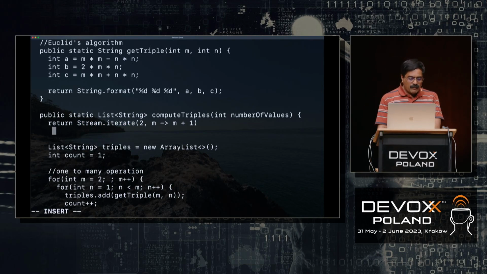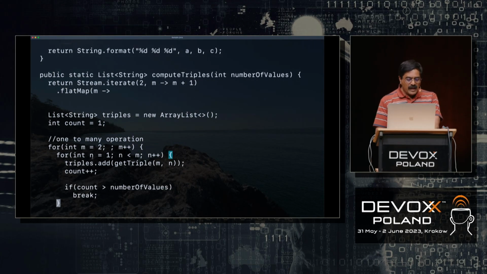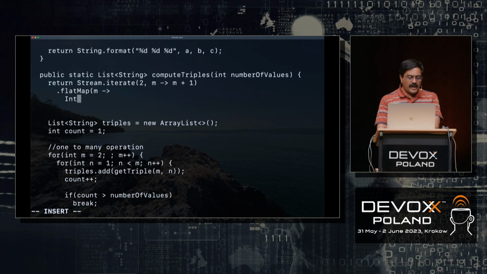Then we can perform a map, but because it's a one-to-many operation, we can do a flatMap. So we take a given m, and what are we going to do with it? Then comes the inner loop, as you can see right there. So we can say in here comes the IntStream.range, in this case 1 to the given m. So we go from 1 to the given m.